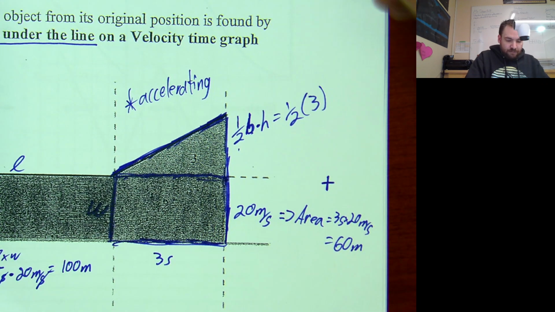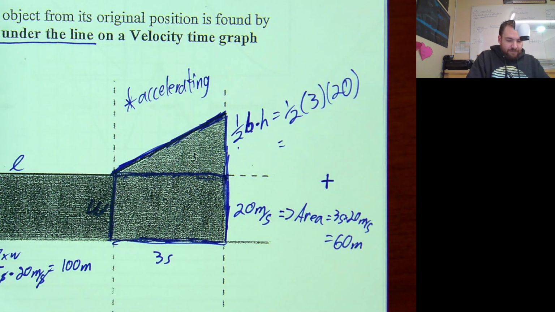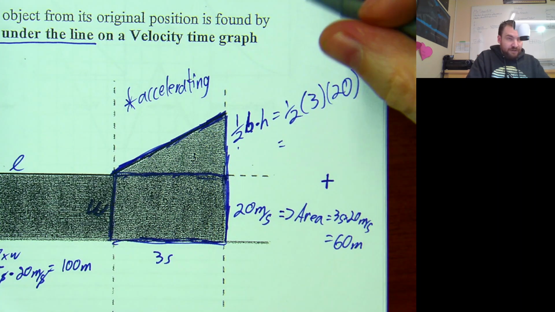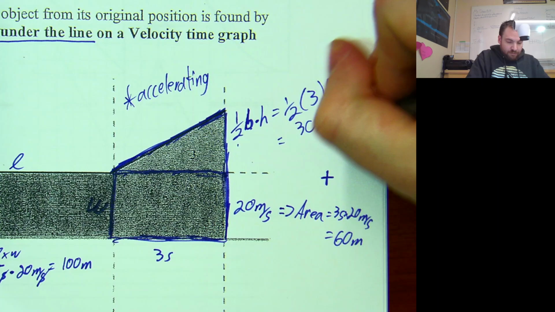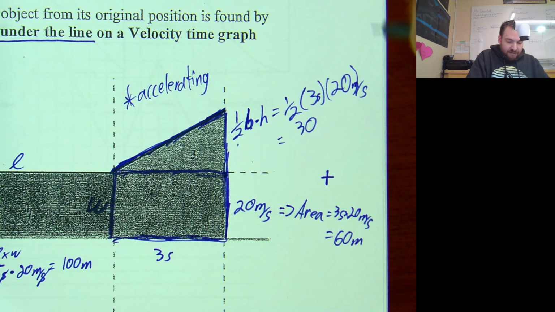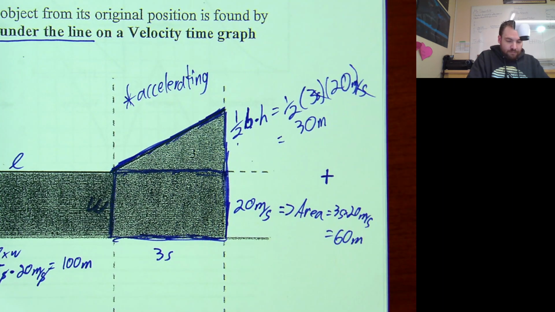So that's going to be 20. So that's going to be 3 times 20 is 60. Divided by 2 is 30. This is seconds. This is meters per second. My seconds are going to cancel, leaving me with meters.